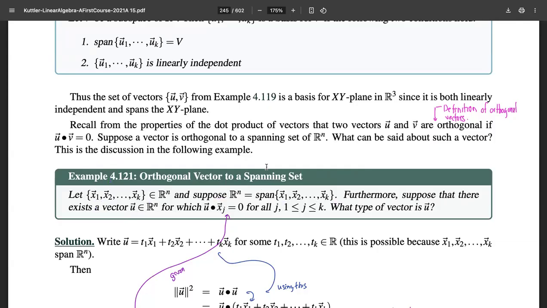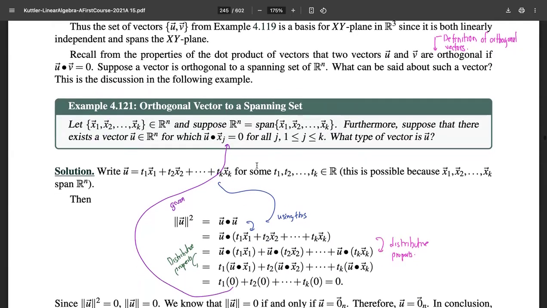Because u is in Rn, and Rn is the span of this set of vectors, and what does span mean? This means that everything in this collection is a linear combination of these k vectors. That means because u belongs to Rn, which is the span of this, logically u can be expressed as a linear combination of these vectors. So that's why we can write u as a linear combination of vectors from x1 to xk.